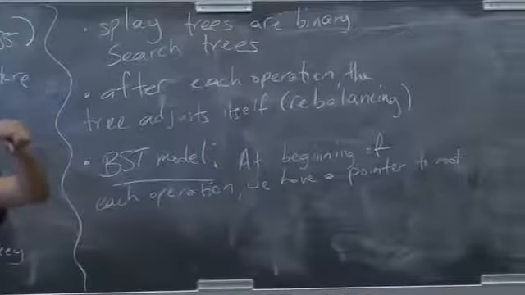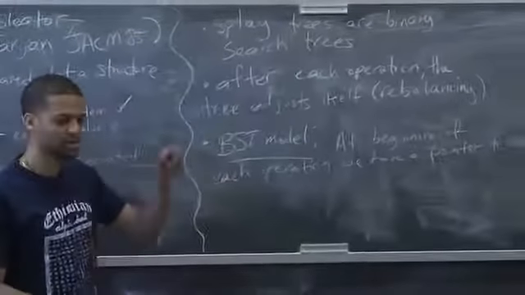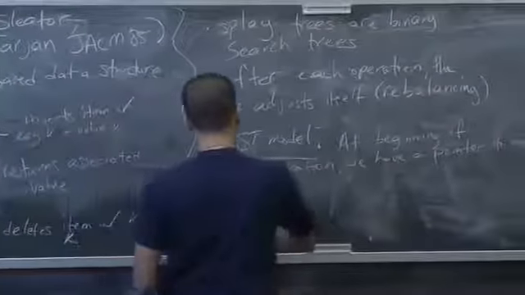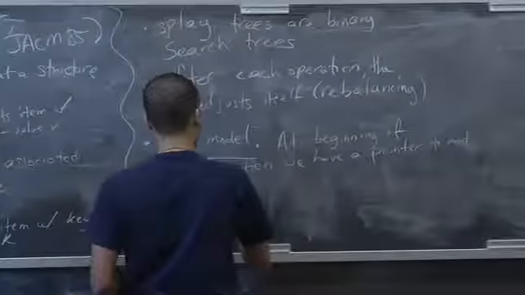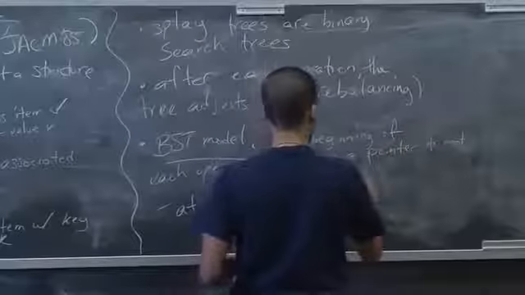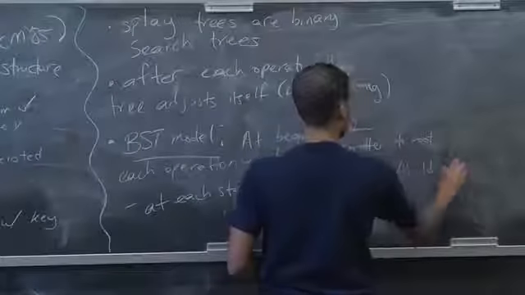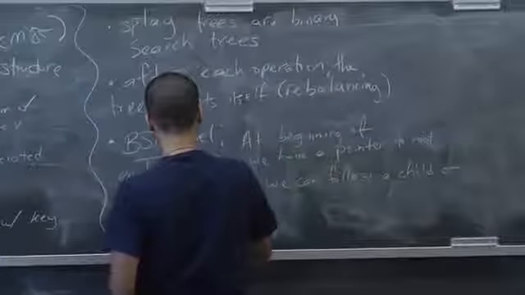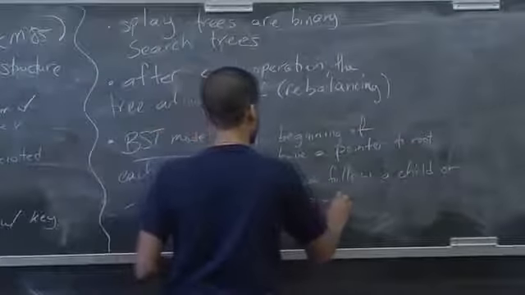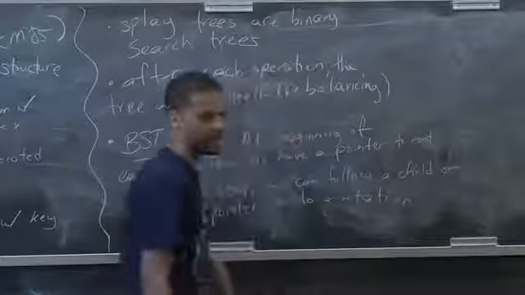At each step, you can either walk to a child or to a parent, or do a rotation. At each step, we can follow a child or parent pointer or do a rotation. Rotations are used to rebalance the data structure.